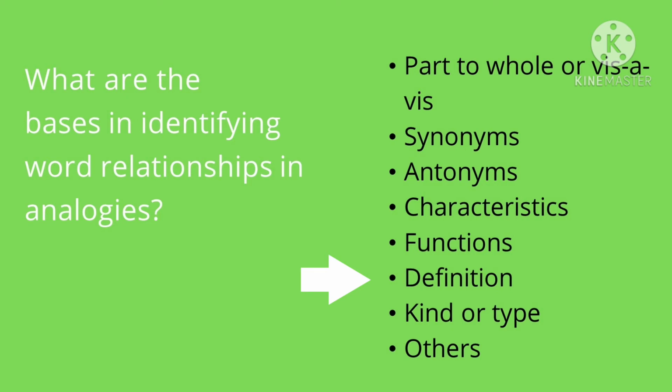Definitions refer to the acceptable definitions of things according to dictionaries or other references. And the last one here, the kind or type, refers to the specific kind, type, or class a particular object, animal, or thing belongs to. And there could be lots of others. For now, we will be working with these bases.